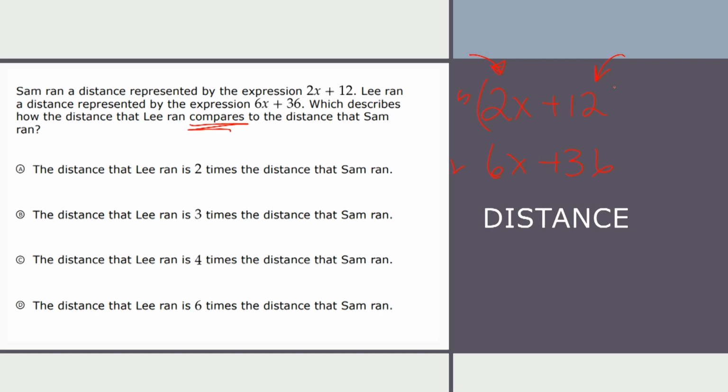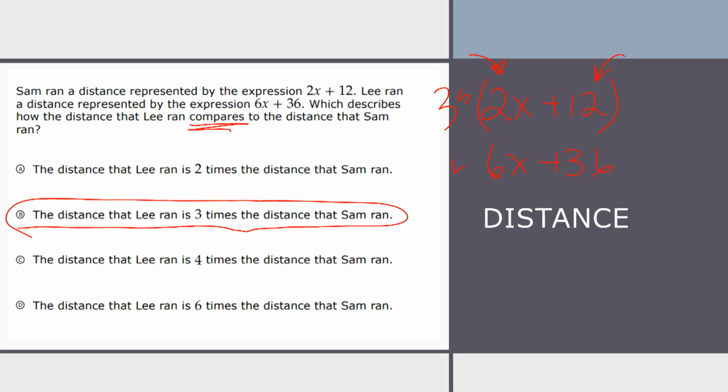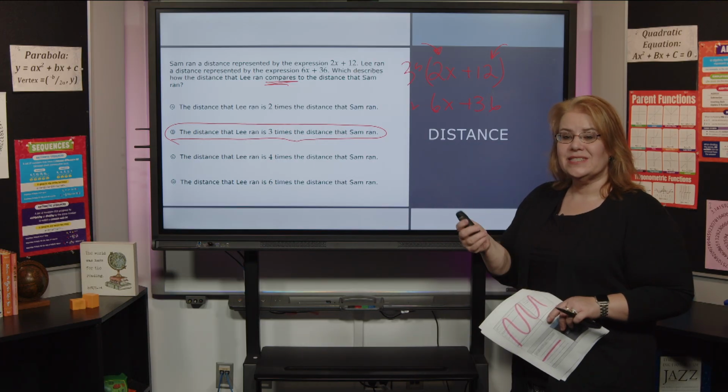Yes. I could take Sam's distance and multiply it by 3, and I would get Lee's distance. So when I look at my answer choices, the distance that Lee ran is 3 times the distance that Sam ran. So we want to make sure that we are looking at how we compare these expressions.